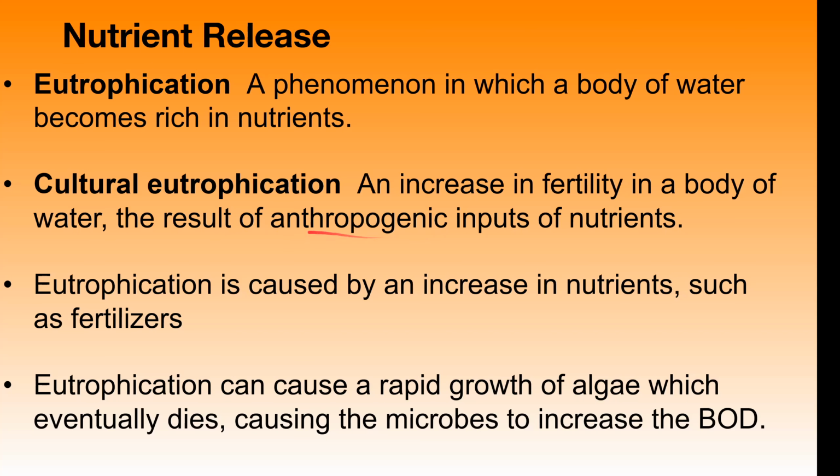Anthropogenic is human-caused, as we remember. One example that I've given you already would be the overuse of fertilizer in the environment, and then we have cultural eutrophication of those bodies of water. So here we have fertilizers as the example. All right, moving on.